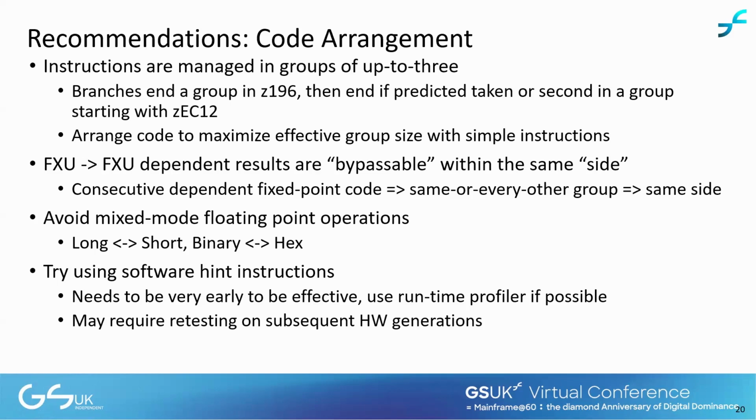If you have things that align on the same side, even if they're dispatched in alternate cycles, they can still bypass to each other. So you might want to put a gap of 3 instructions, to ensure that the ones you want to bypass from and to end up on the same side of the issue queue. Probably more detail than you ever wanted to know, but it's there. If that's your thing, we tell you how to do all this stuff.